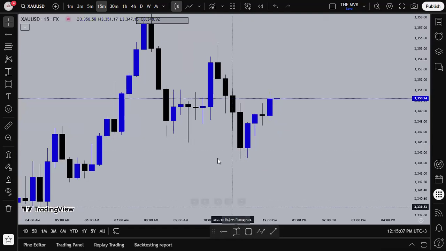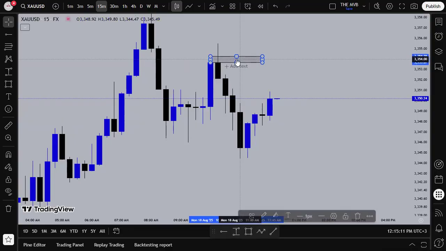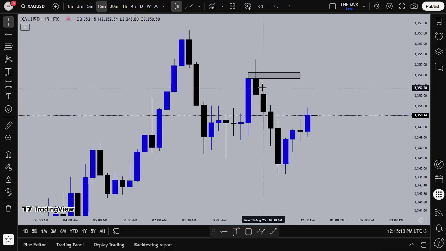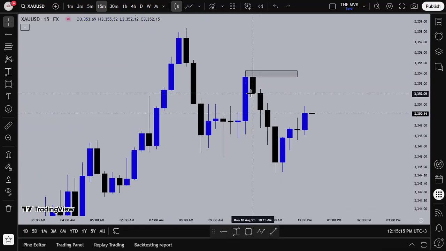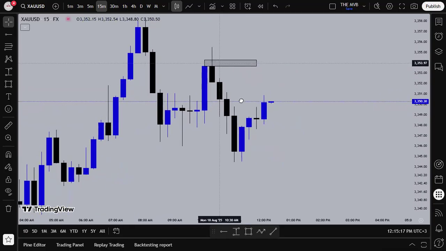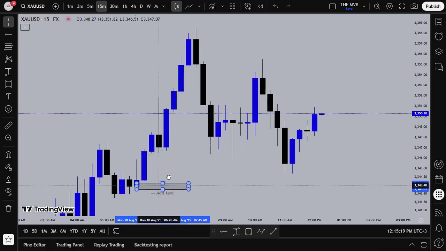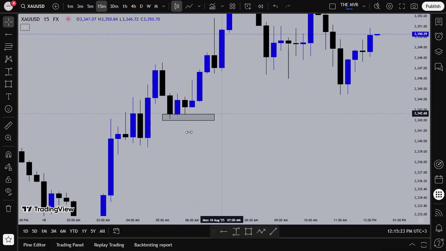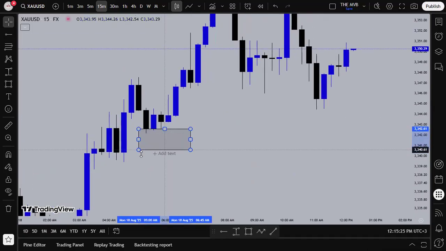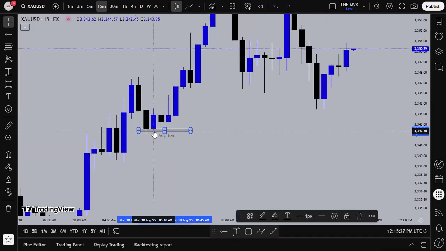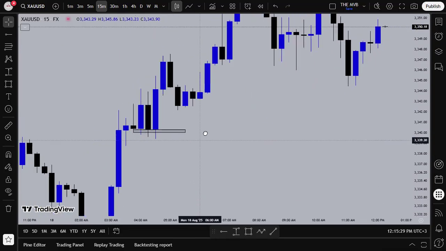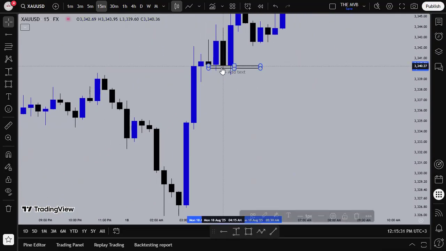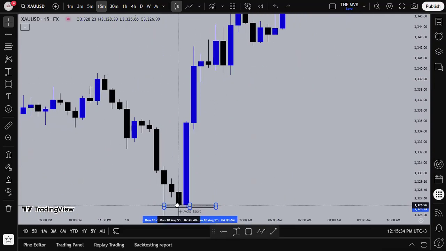We have this also, this was a resistance level. And of course, we had levels here. So that is how we mark these levels.